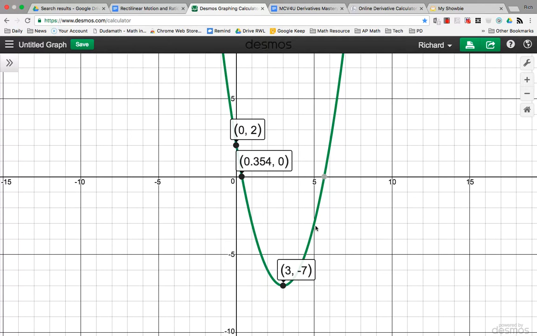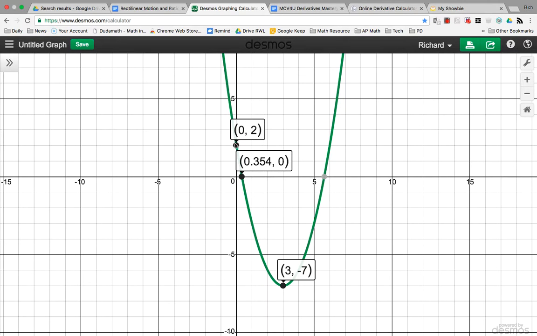And then at 5 seconds, they are at a position of -3, so 3 to the left. So in total then, they walked 2 meters to get to the origin, an additional 7 meters, so that makes 9 meters to get to their minimum position, and then they walked another 4 meters to go from -7 to -3.